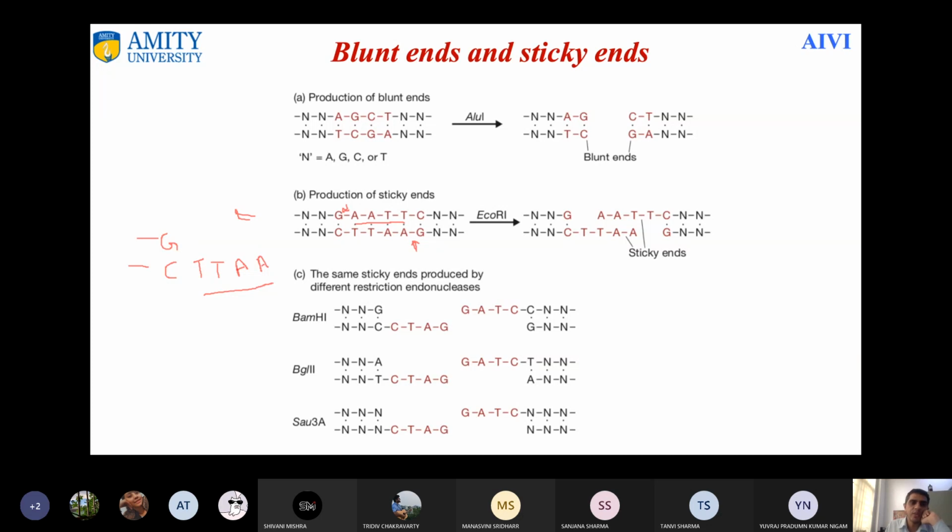So why is it a sticky one? As we all know, nitrogenous bases have the property of making hydrogen bonds, and the formation of hydrogen bonds is on the basis of complementarity. So any single stranded sequence which has a complementary region may pair with it. This property of pairing of the single stranded DNA makes it a sticky end.